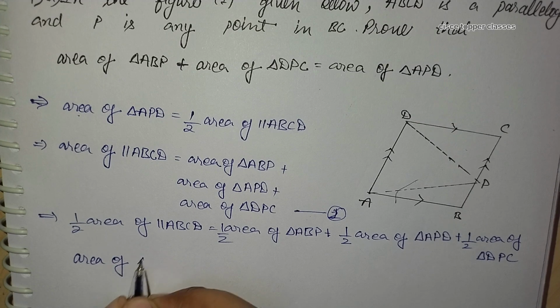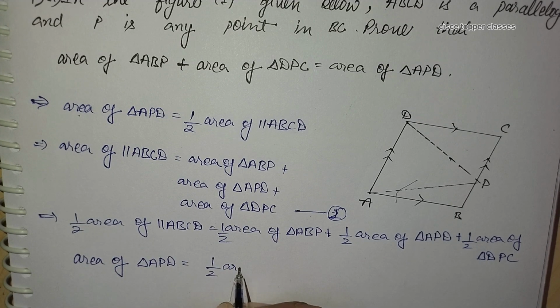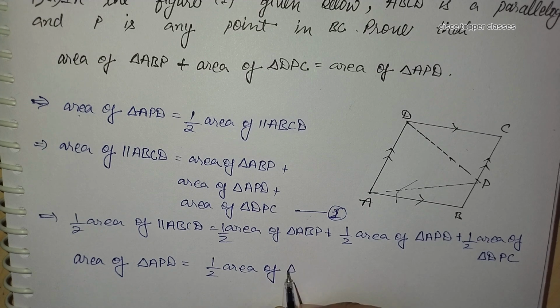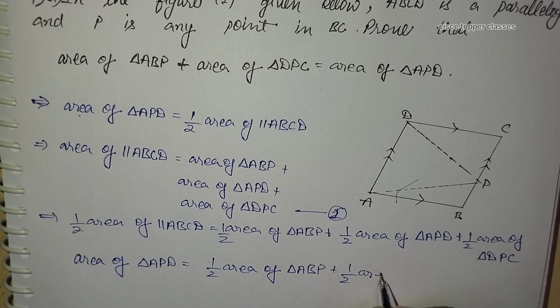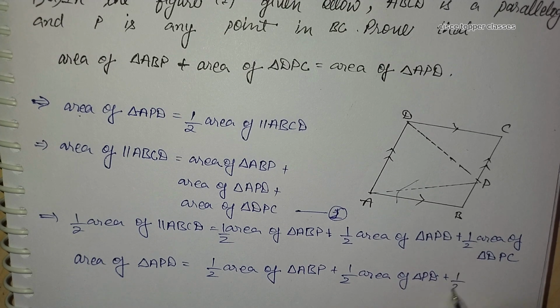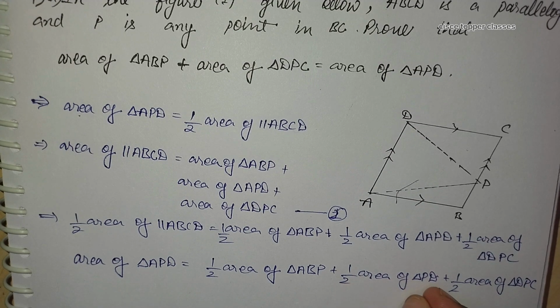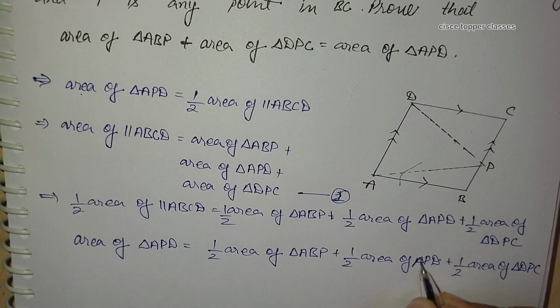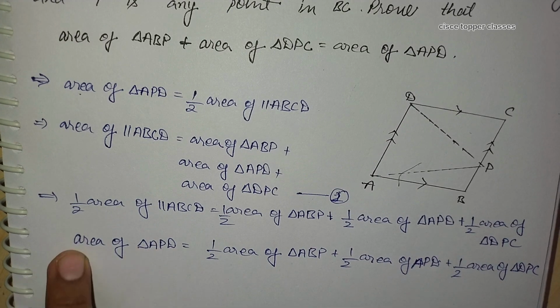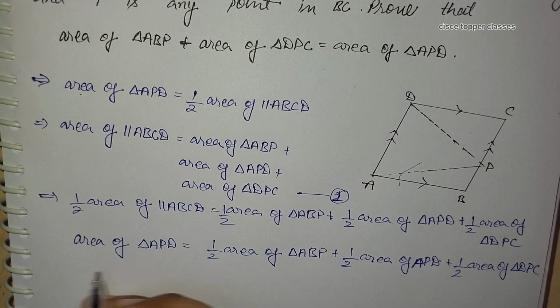So area of APD is equal to half of area of triangle ABP plus half of area of triangle APD plus half of area of triangle DPC. As we have half of area of triangle APD here, we will subtract it.